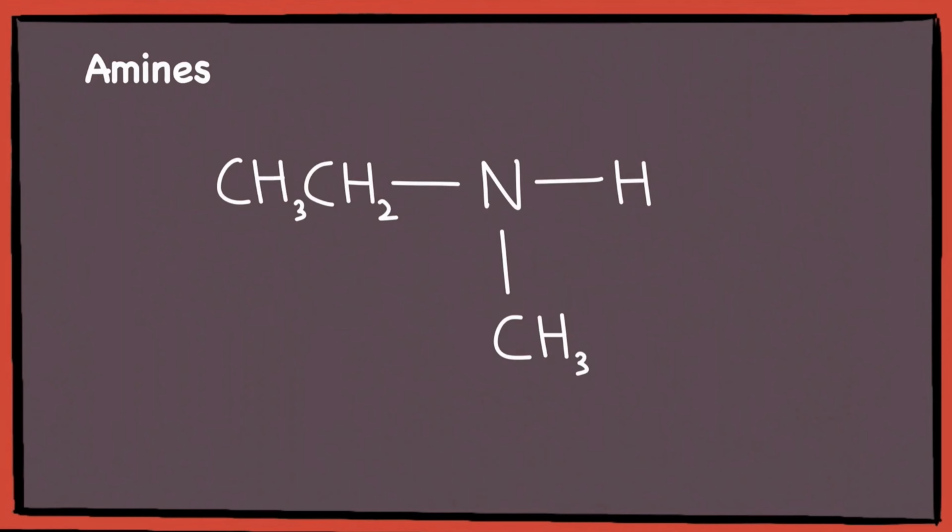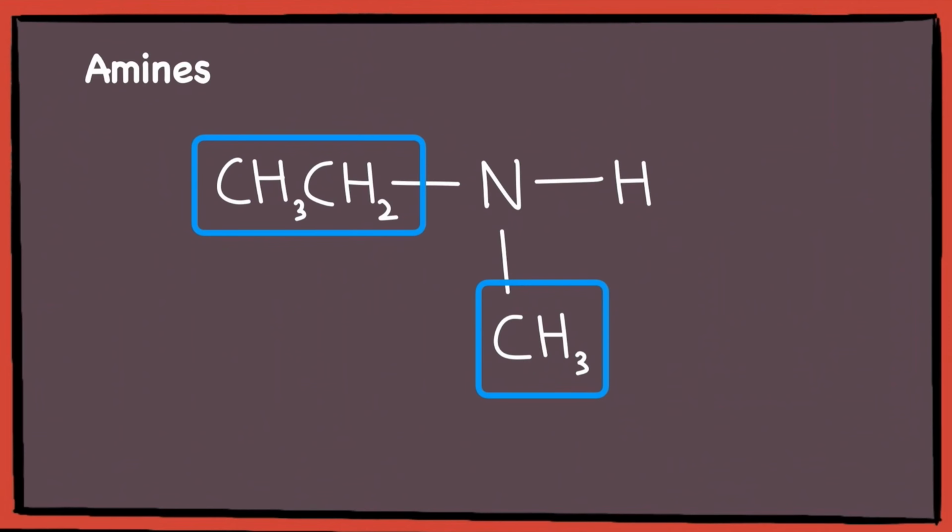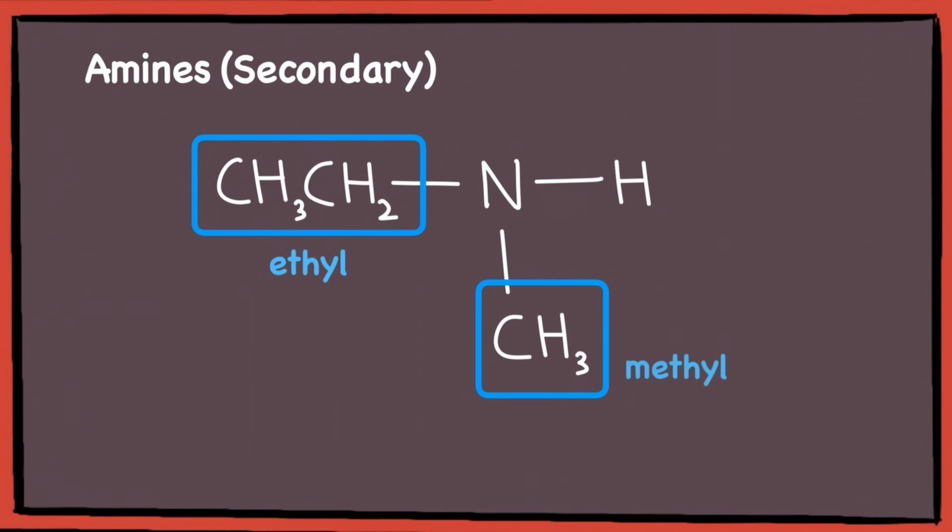Now let's take a look at this example. If you were to observe carefully, there are 2 alkyl groups attached to the nitrogen atom. This means that this is a secondary amine. To name this organic compound, we first name the groups attached to the nitrogen atom. In this case, there are the ethyl and methyl groups attached to the nitrogen atom.